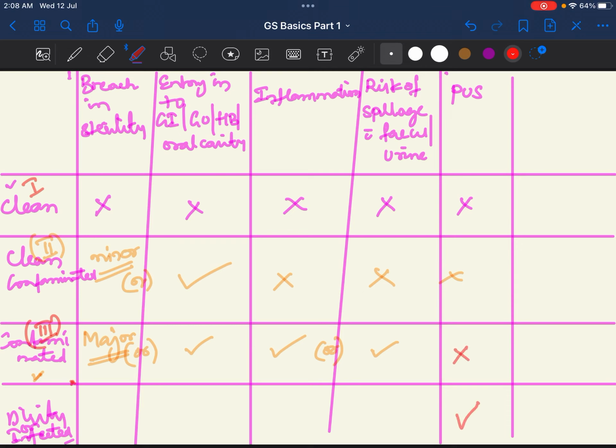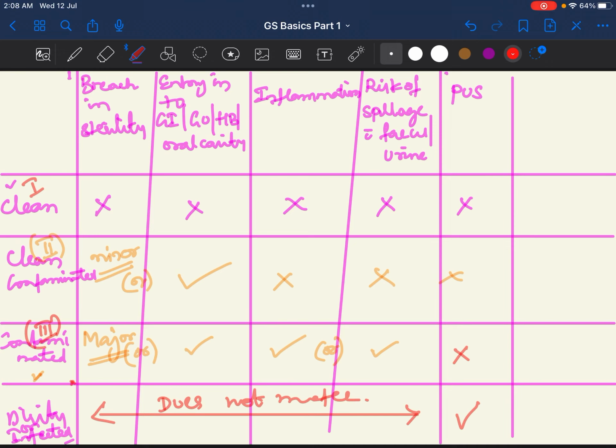If pus is there, it doesn't matter about the rest of the 4 things. It doesn't matter about breach in sterility, entry into any hollow viscous tracts, inflammation, or risk of spillage with feces.